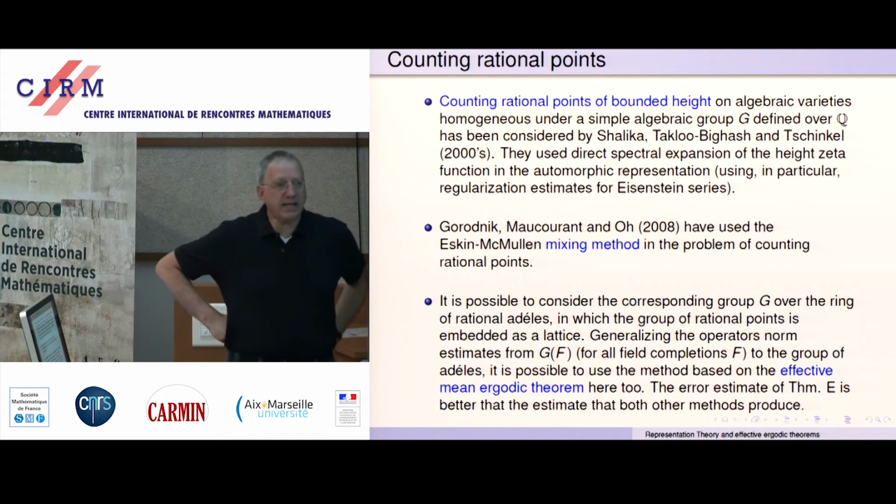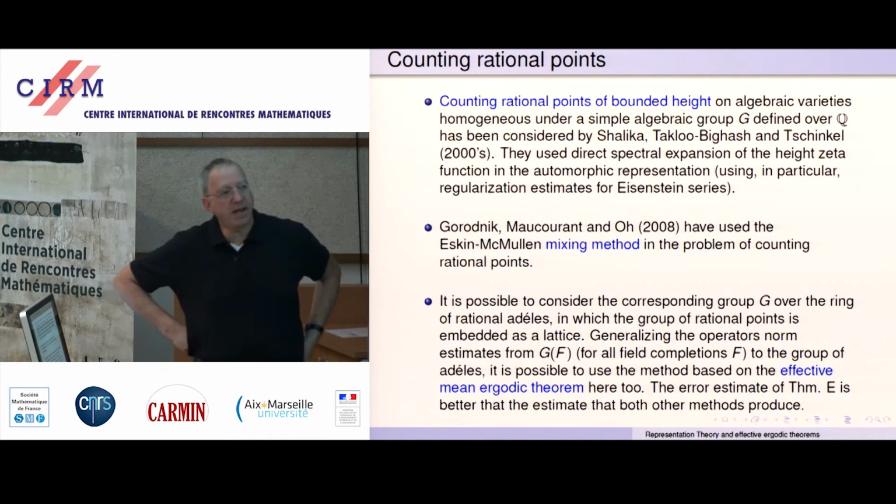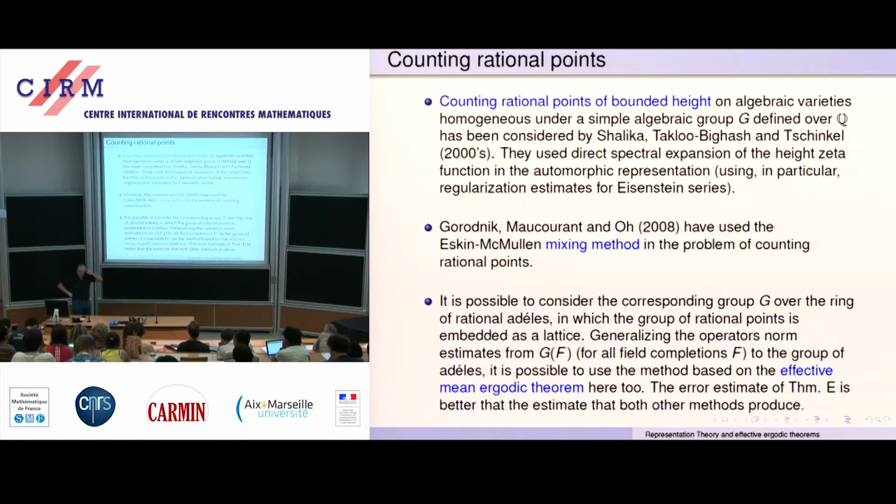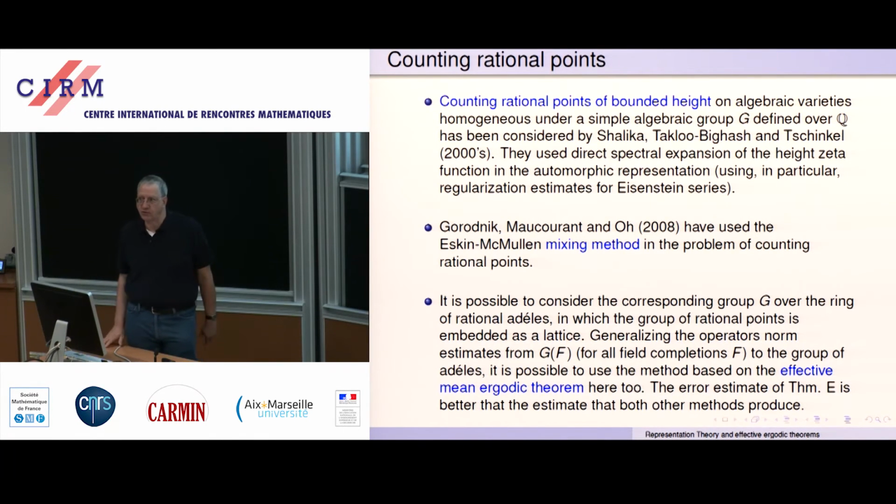And the error estimate in theorem E is better than the error estimate that these methods provide. But really, to prove this result, we don't need to do much. We have to define admissibility, but this is really quite standard. There are some comments that one has to make about the spectral theory here, but the method that we presented would work essentially without change.